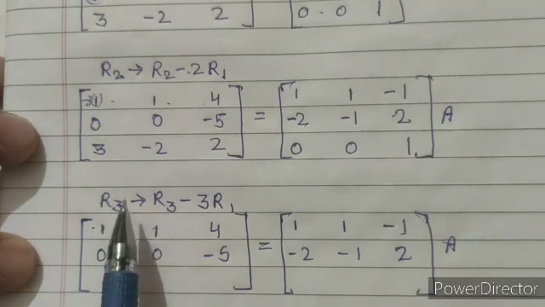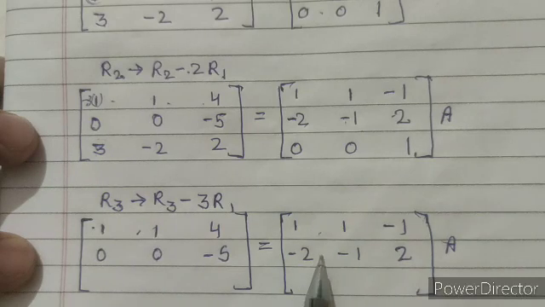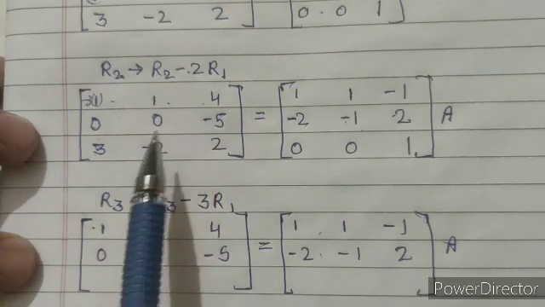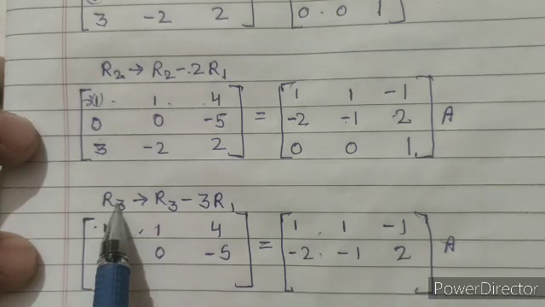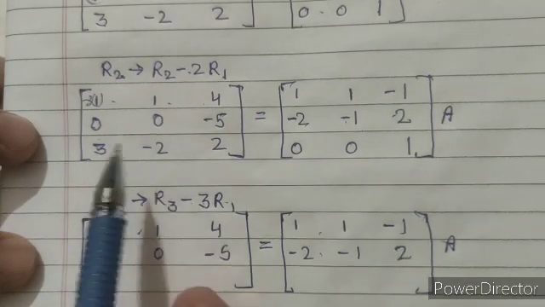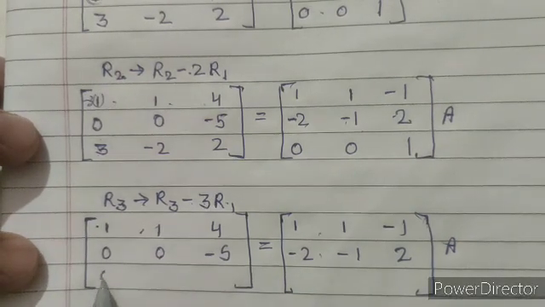Now we will copy row 1 and row 2 on left hand side and right hand side from our previous step. Now R3 equals R3 minus 3R1. So 3 minus 3 into 1 will give us 0.